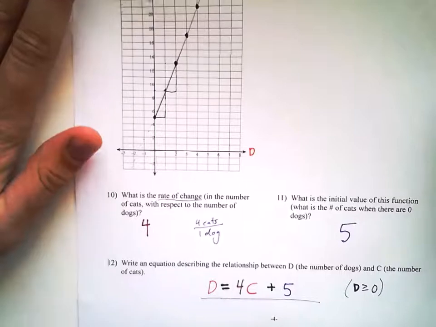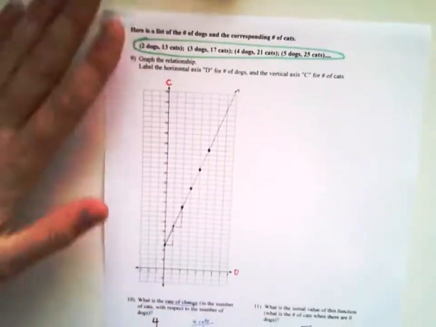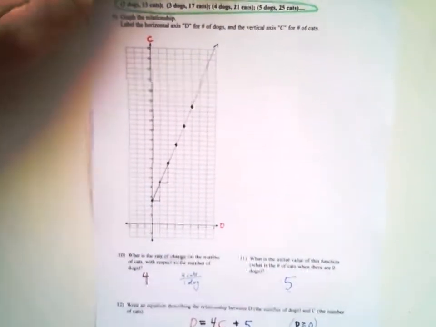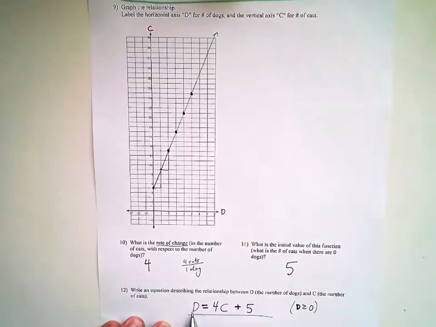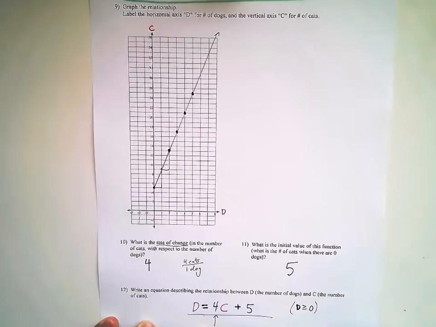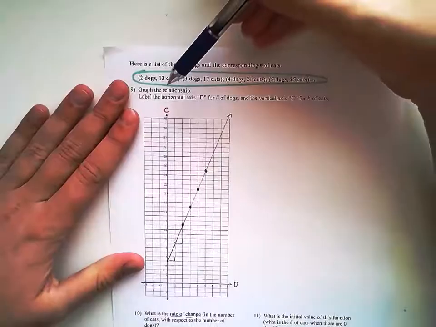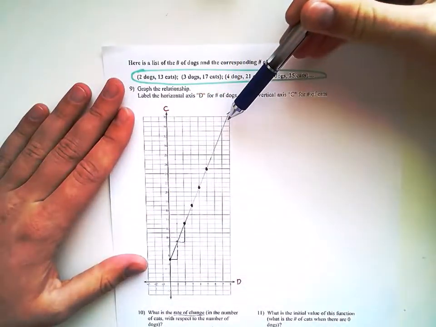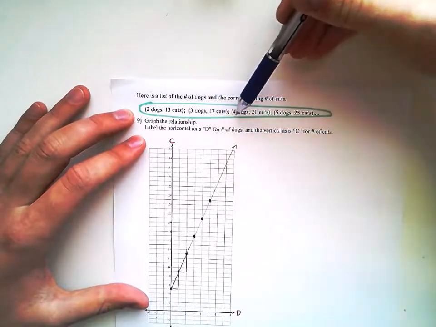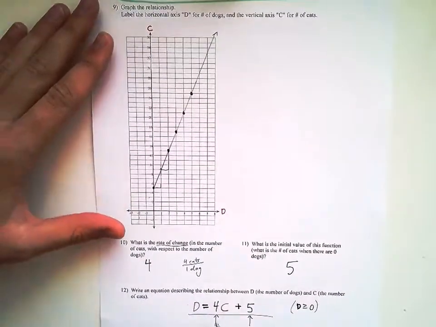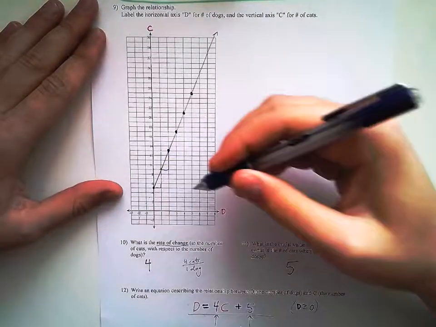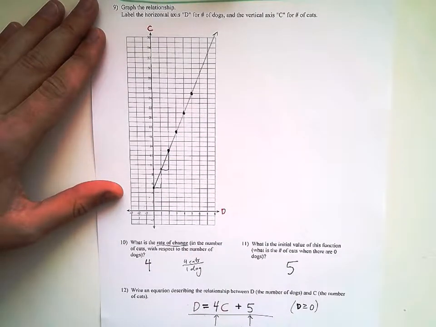Okay, so what I wanted you to notice from this example that we did last time is if we started out with this equation, we could tell 4 is the rate of change and 5 is the intercept. So instead of finding this line and graphing it using those points, if we had this equation, we could start by saying 5 is the initial value.